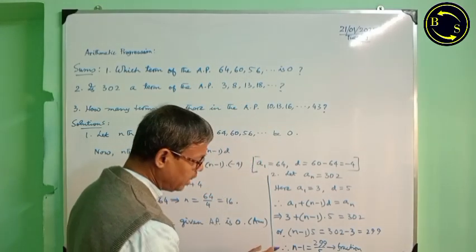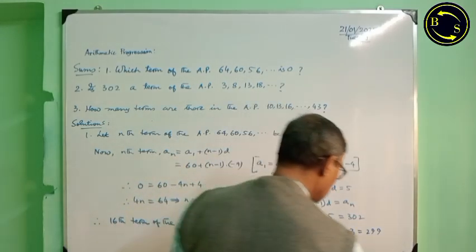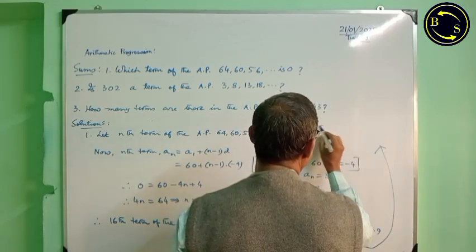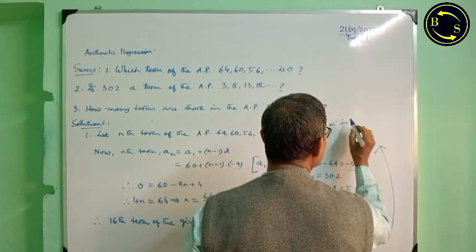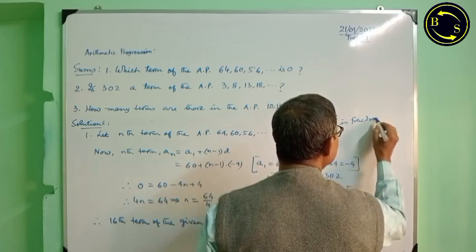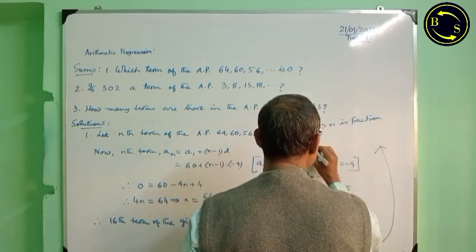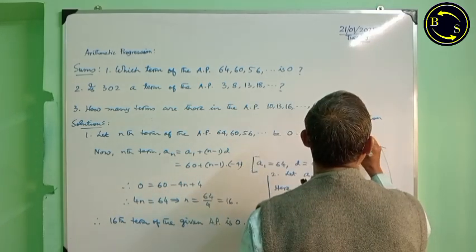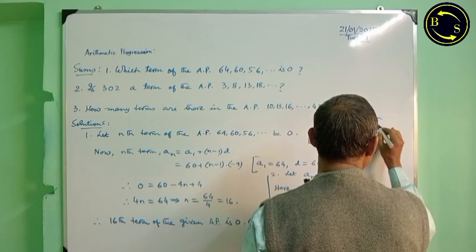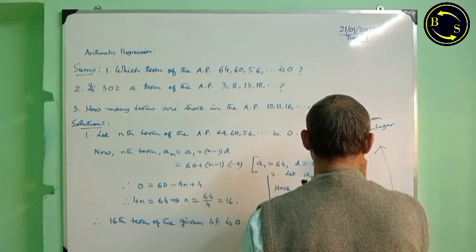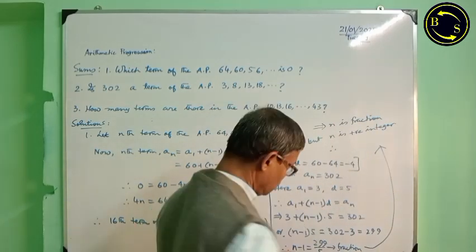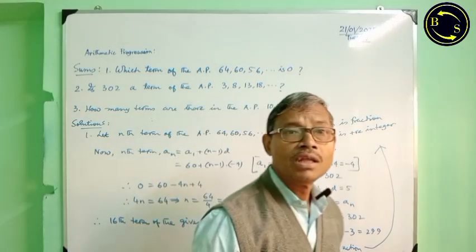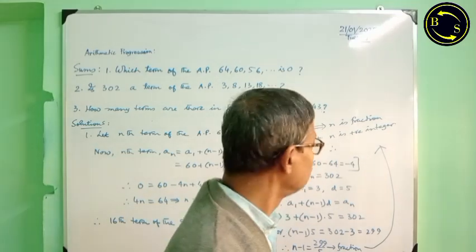But we find here n is a fraction, which implies n is a fraction, but n is a positive integer. Therefore, since n is a positive integer, it cannot be a fraction or negative.